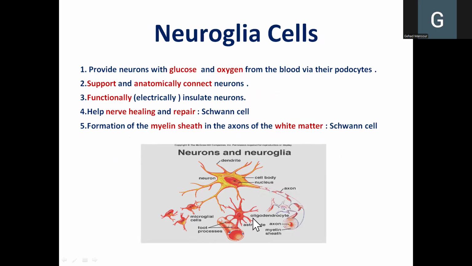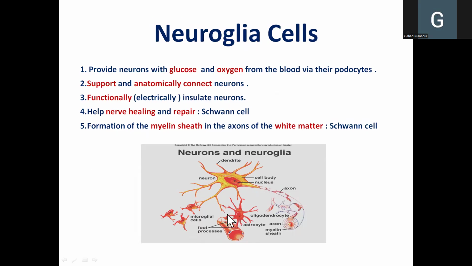And then we have the astrocytes, and they are so called because the prefix astro means star. They are star-shaped, and as you can see, they have foot processes. They are called podocytes because podo means foot and cyte means cell. So the astrocytes are considered podocytes because they have foot processes.